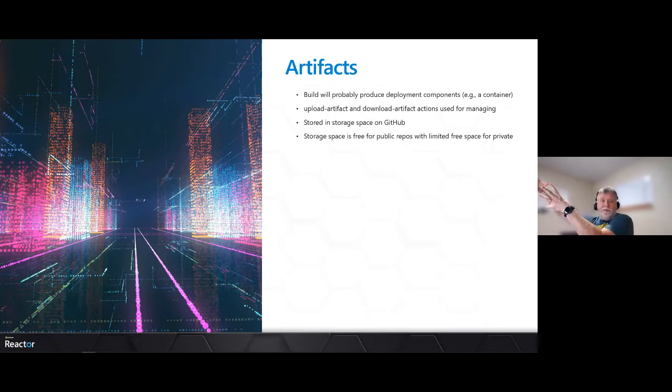The download artifact allows us to pull that from GitHub storage into our workflow, right? So if you can imagine a build and a test job, the build job is going to produce artifacts that we'll need to upload. The test job will download those artifacts, especially if they're running on different hosts, which is what we'll do in our demo.